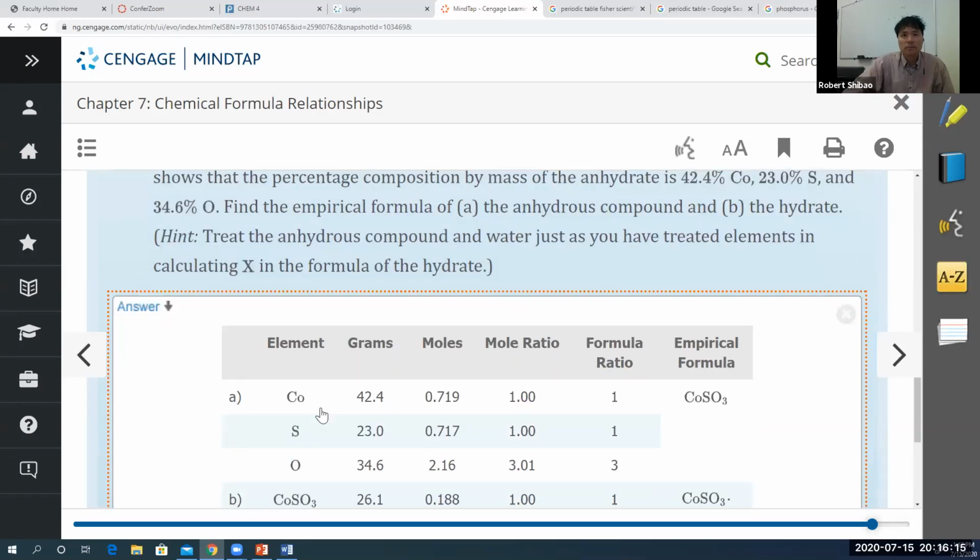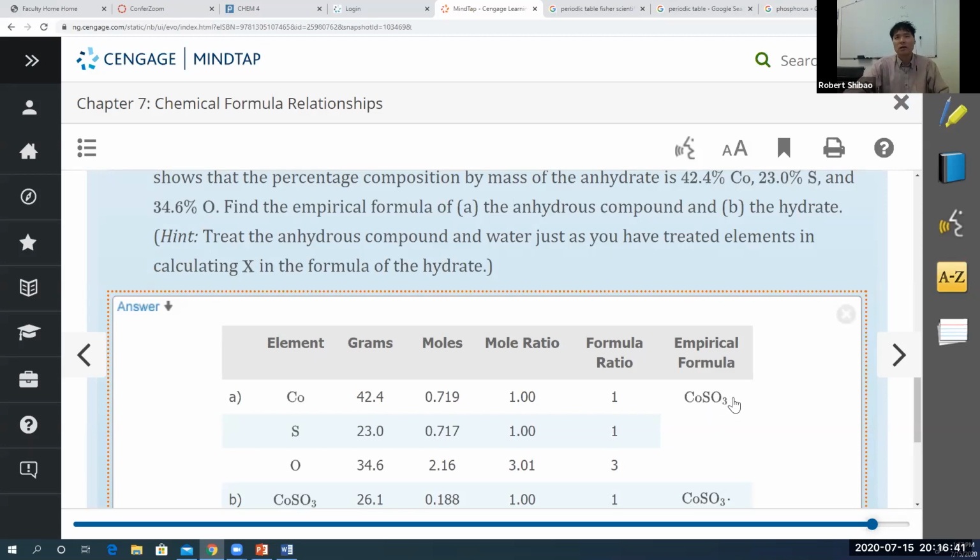They get the grams to moles and then get the simplest mole ratio by dividing by the smallest, which in this case is 0.717. So 0.717 divided by 0.717 gives us 1. 0.719 divided by 0.717 is about 1, close enough. And 2.16 divided by 0.717 is 3. So it's a 1:1:3, so it's CoSO3. Well, that's just cobalt(II) sulfite.